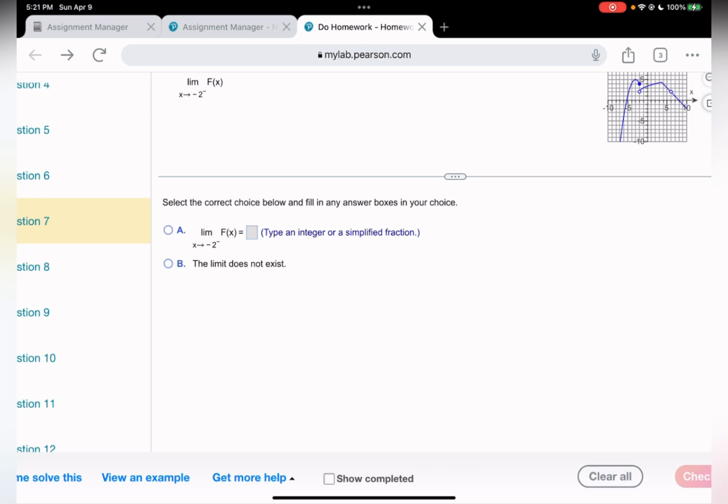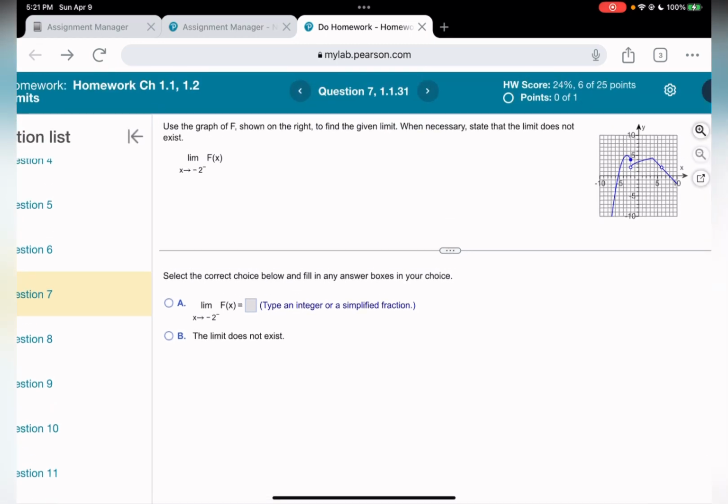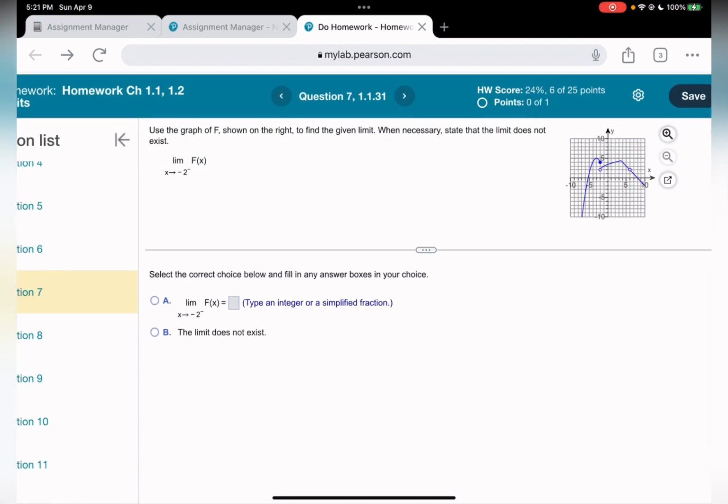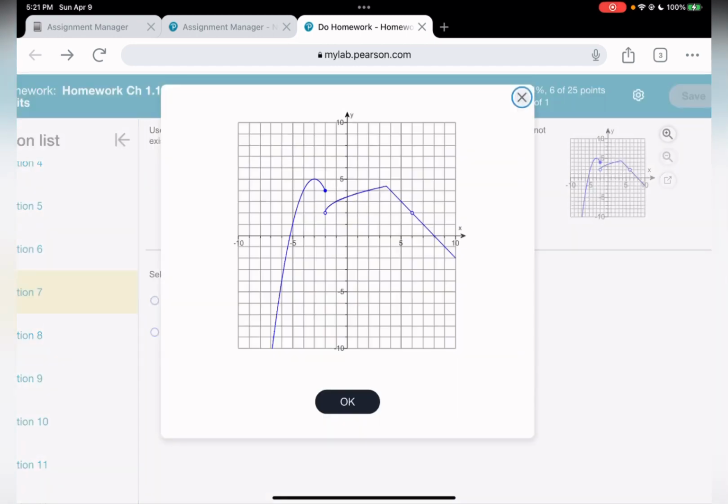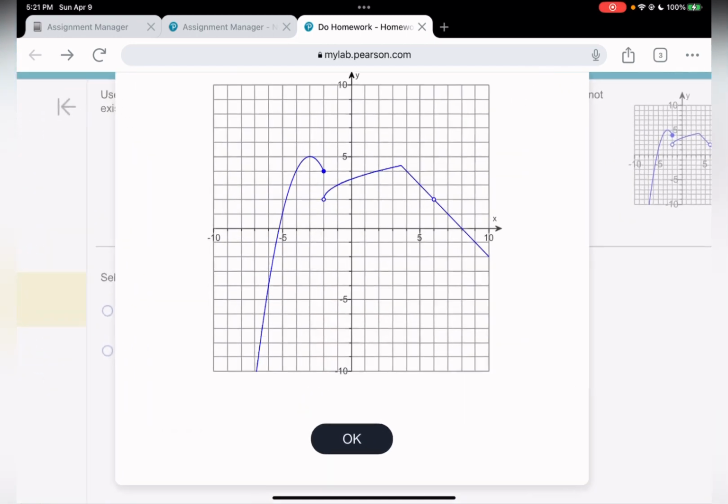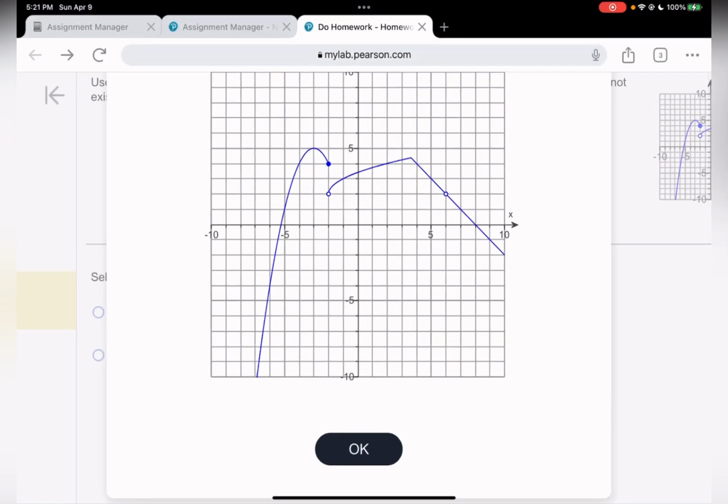Moving to the next question. Here we have a one-sided limit. X approaches -2 from the negative side. -2, that's where the break is. From the negative side, when it approaches, it's hitting this filled-in circle, right?